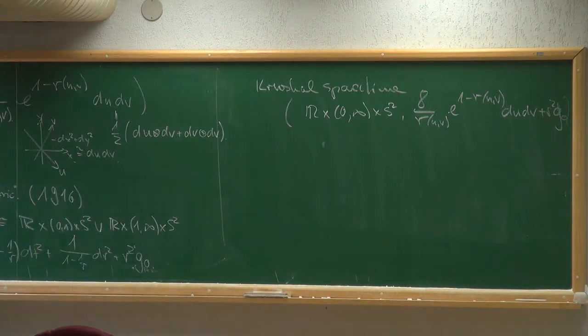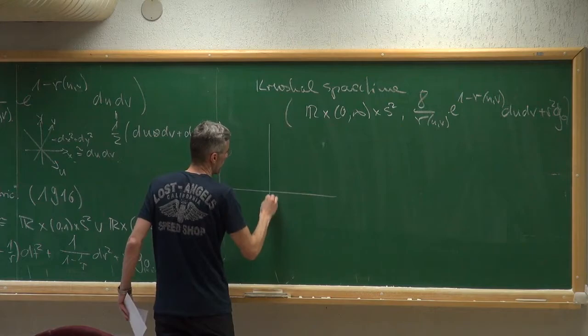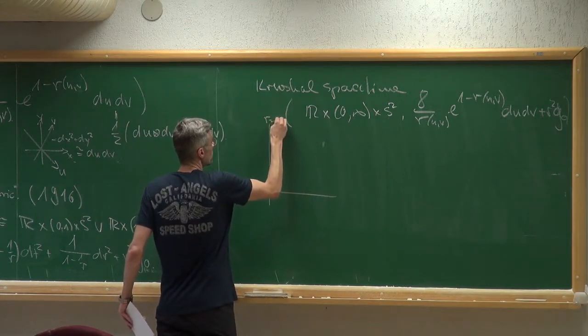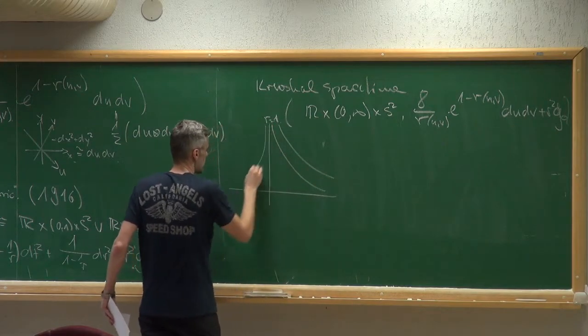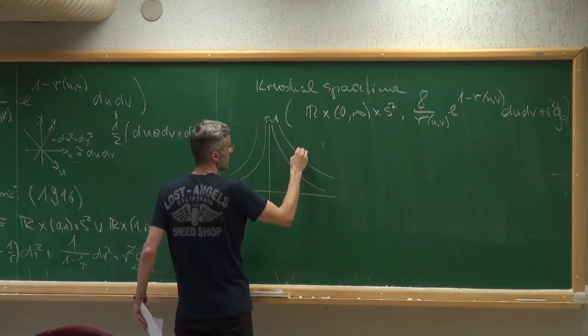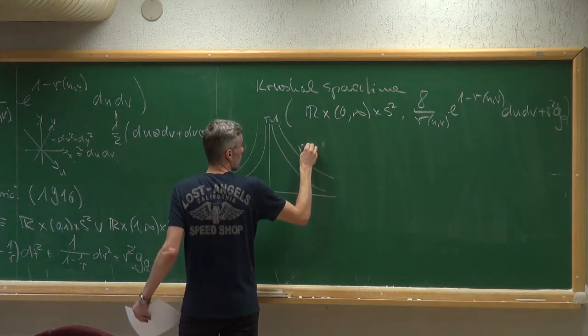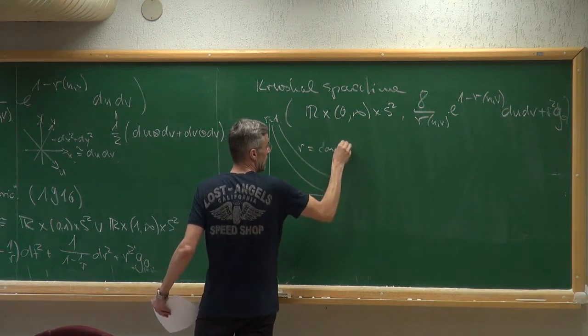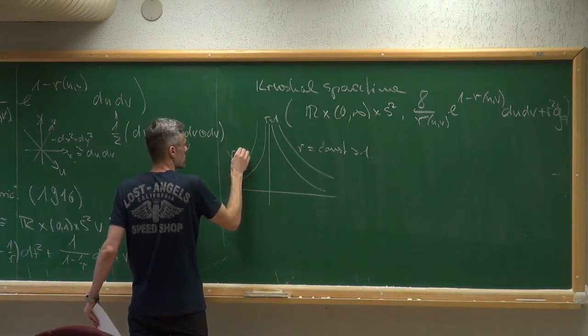Basically what this does with this picture here is, in this plane you have the r equal 1 line here, and the other ones, the outside and the inside, are symmetric. This is r equal constant bigger than 1, and this is r smaller than 1.